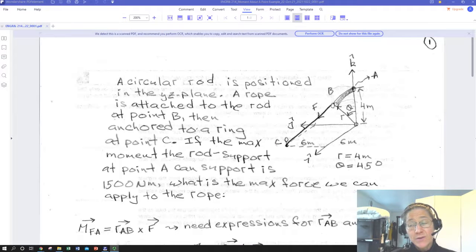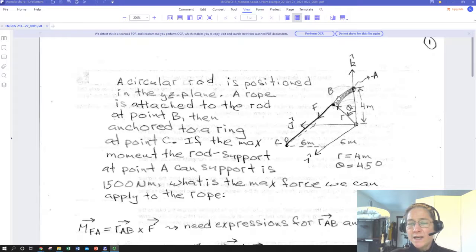But there is a rope attached at point B on the rod, and that rope is attached to a point C here, which is at z equals 0, x equals 6 and y equals 6. So the two dashed lines here are 6 over in the y direction and 6 out in the x.